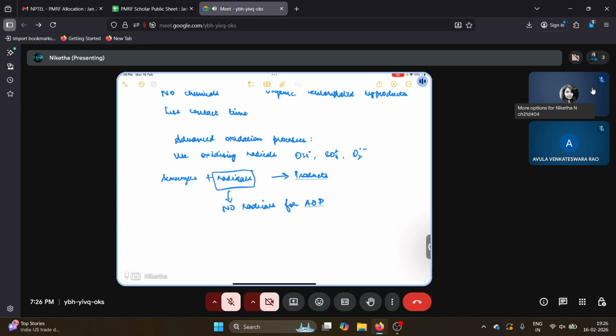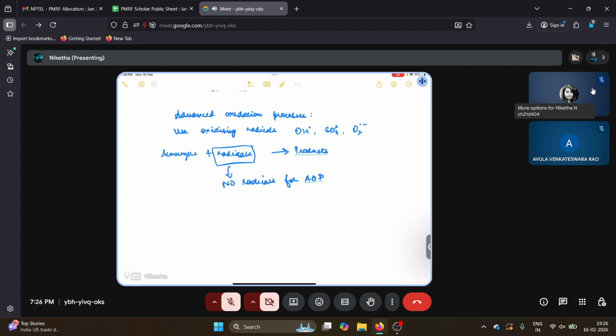We have to make sure that there are no scavengers in our advanced oxidation process reaction. One example of a scavenger is carbonate, CO3 2 minus. This reacts with hydroxyl and produces carbonate radicals. These carbonate radicals are not very active. They are slightly less reactive compared to hydroxyl radicals, and therefore the efficiency of the advanced oxidation process will come down.